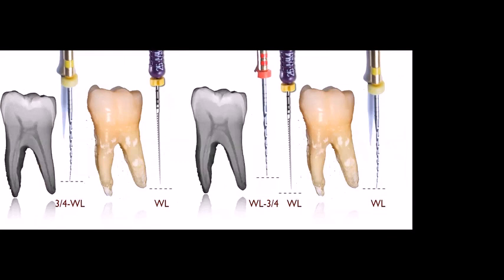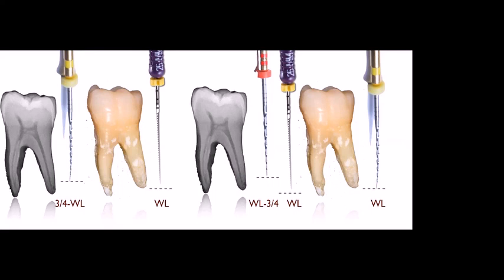We use the 20/04, but we don't use the 20/04 up to the working length. No, we use the 20/04 to three quarters of the root canal. After that, we use the 10 K-file up to the working length to eliminate the debris and to be sure that we have patency. After that, we use the 25/06 up to three quarters of the root canal, and finally we use the 20/04 to the working length.